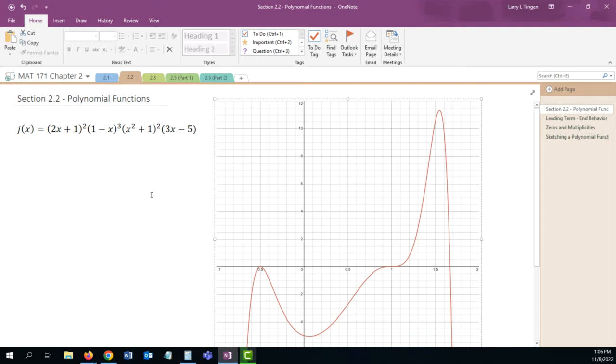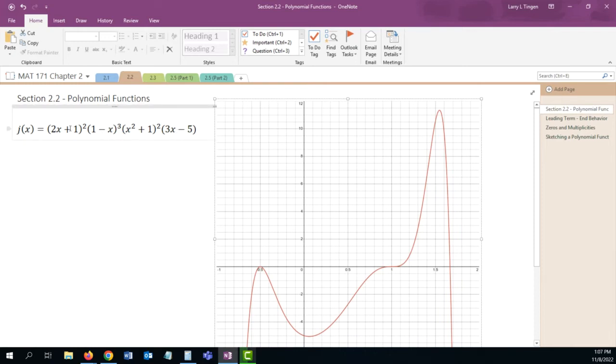Does the order of what's in parentheses matter? So like this 1 minus x as opposed to x minus 1? The order would matter if it's subtraction. If it's addition, it doesn't. You can swap these around.